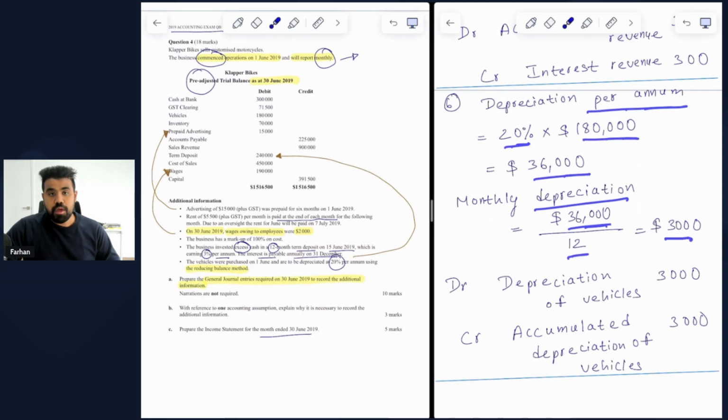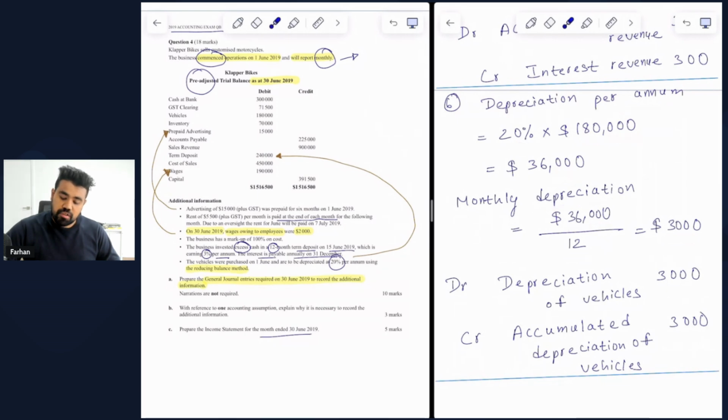Now, every time you incur depreciation expense, the recording is straightforward. You debit depreciation of vehicles by $3,000, which is an expense item for the business. And like we have already discussed, all expenses are debit. So we are debiting depreciation of vehicles by $3,000, and we are crediting accumulated depreciation of vehicles by $3,000.